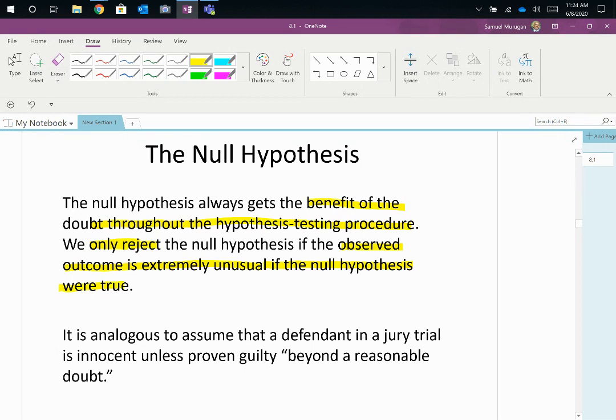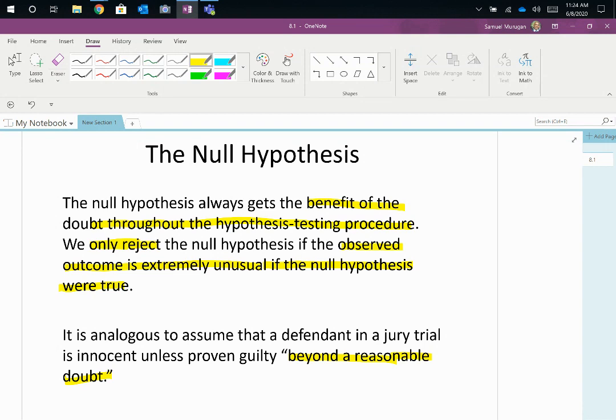It is analogous to assuming that a defendant in a jury trial is innocent unless proven guilty beyond a reasonable doubt. So the null hypothesis in this case is that the defendant is innocent, right? And if the observed outcome shows beyond a reasonable doubt that the defendant is guilty, then we would reject the null hypothesis.